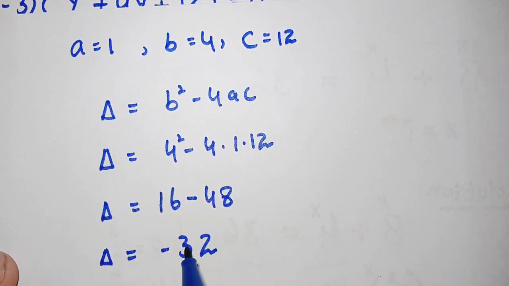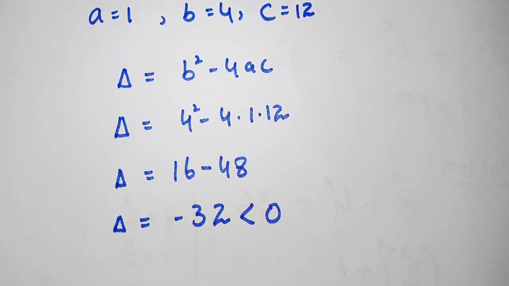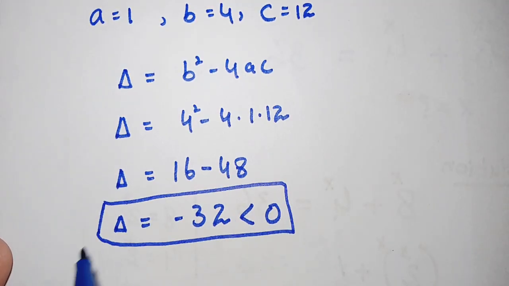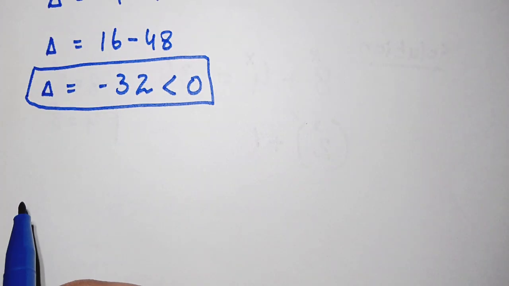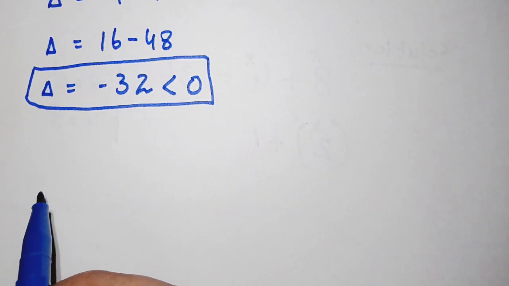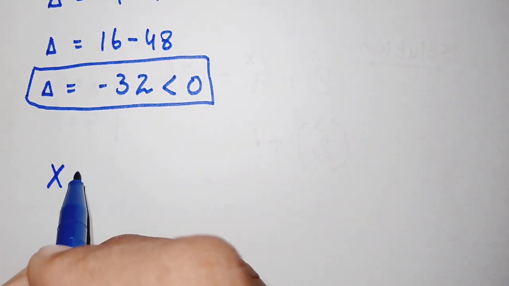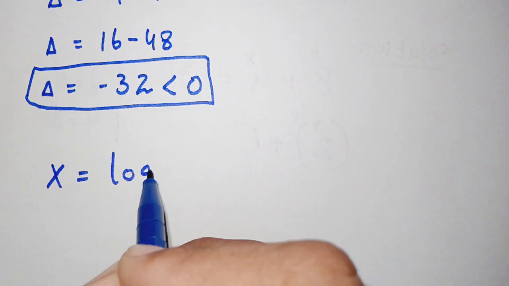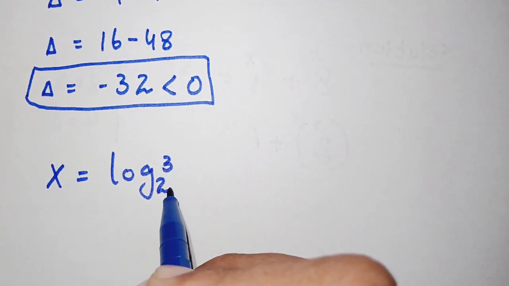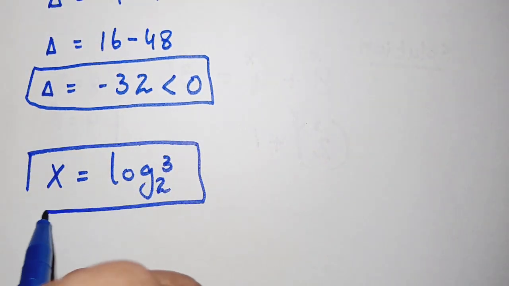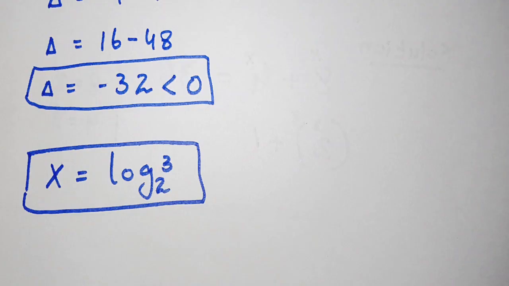So this shows that this minus 32 is less than 0, so it does not give any real solution, so we reject this answer. So we have to consider the answer of case number first, that is x is equal to log of 3 of base 2. So this is our final answer of this question.